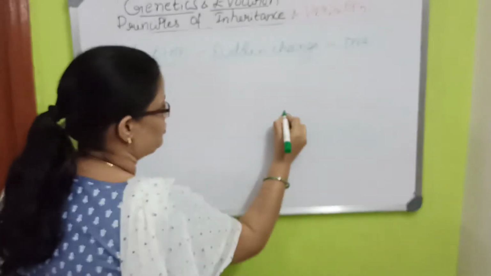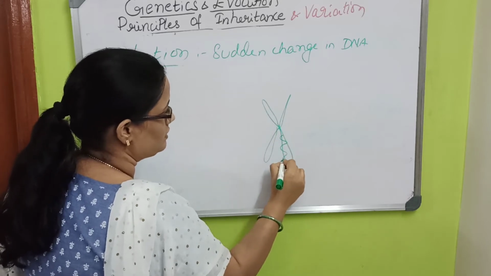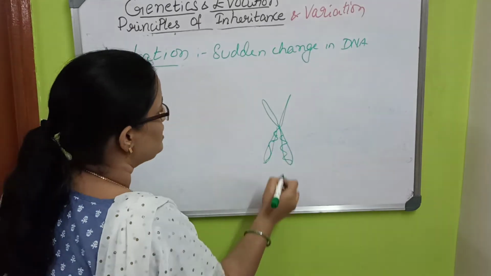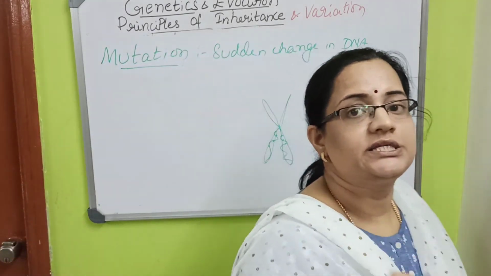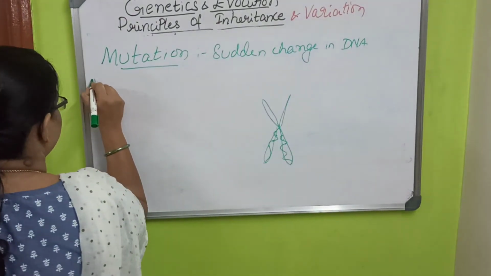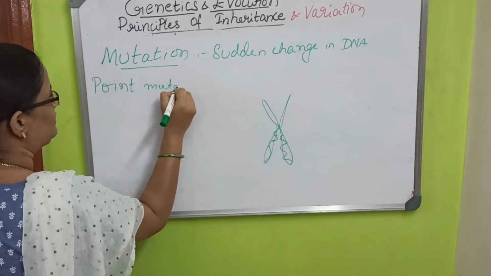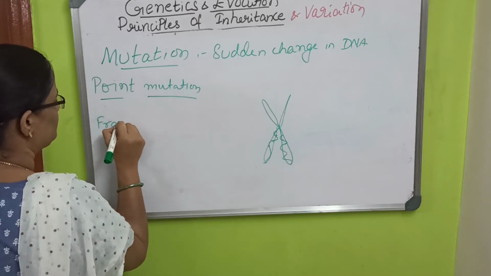On the DNA or chromosome, genes will be there, and any small change will cause different diseases. Mutation is of two types: point mutation, at the same point, and frame shift mutation.